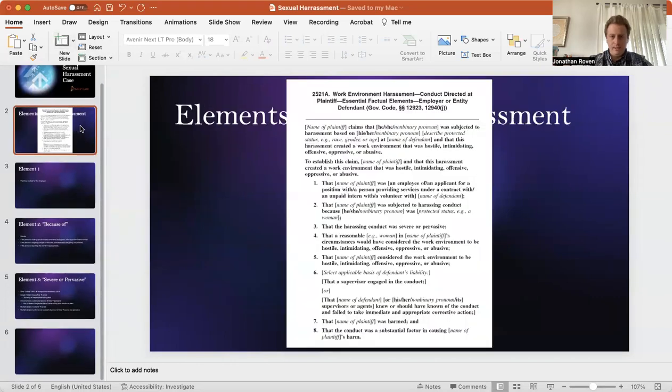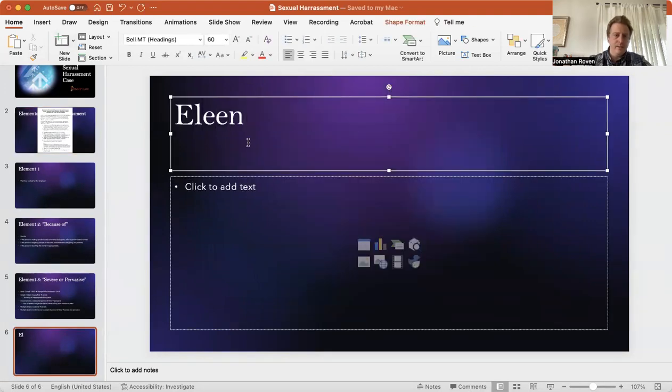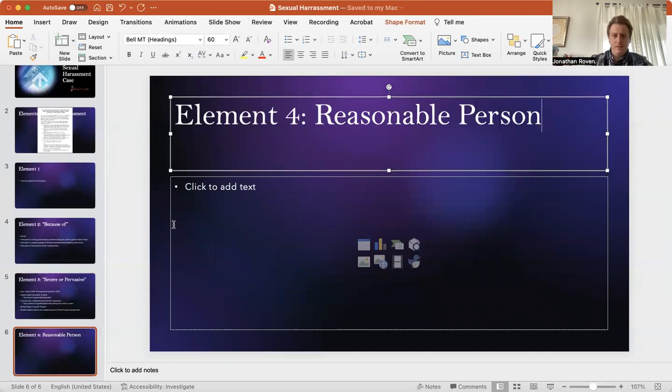Okay, so going into the next element, that a reasonable person in their circumstances would have found it hostile, intimidating, offensive, oppressive, or abusive. So that is element 4, reasonable person.